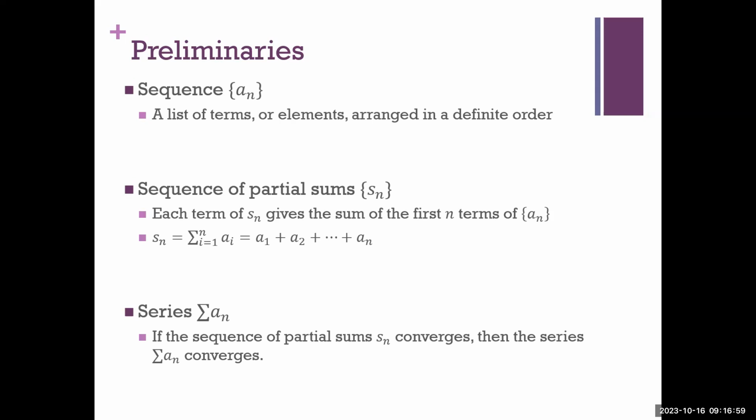We can make a sequence of partial sums. So I can make another sequence out of a sequence that sums up the first however many terms of the sequence. So let's say I had S of 6 here. Then what I'm really doing with S sub 6 is adding up the first 6 terms.